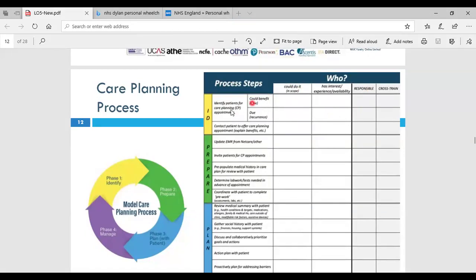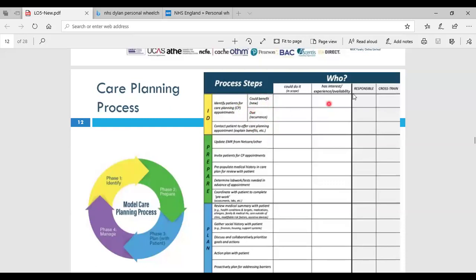So you identify the patient for care planning and contact the patient to offer care planning appointments. So who could benefit from this? Sometimes it is someone who is not a new person, and it's a person who has recurrent requirements.